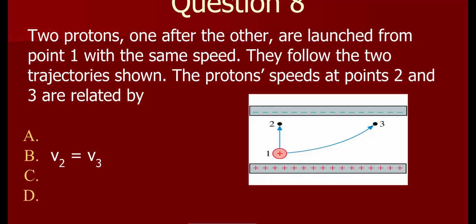Now, there's a couple of things here, and hopefully y'all encountered something like this last year. But first of all, it doesn't say velocity anywhere up here. That's important, okay? Because are they going to be going the same direction? Absolutely not. But remember, you can get your velocity from your speed.